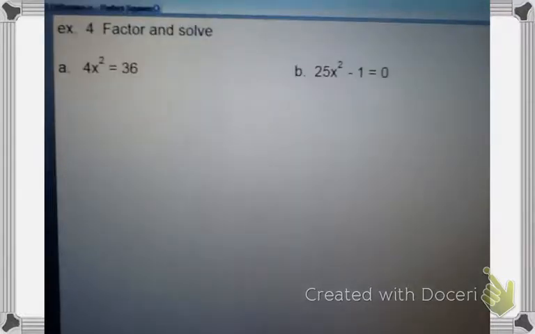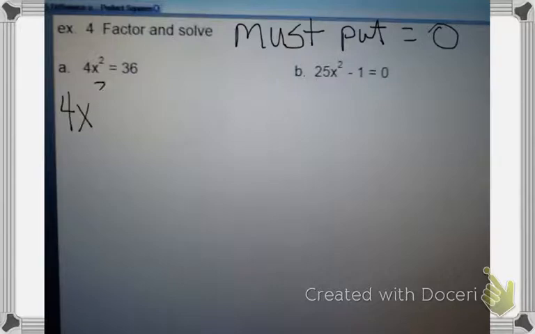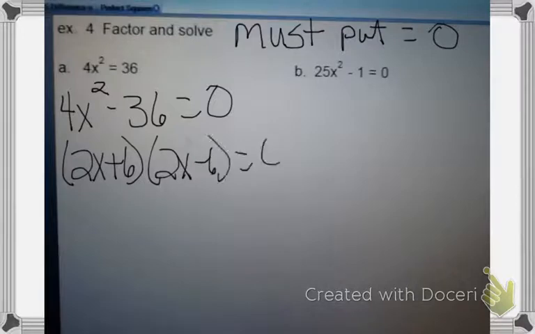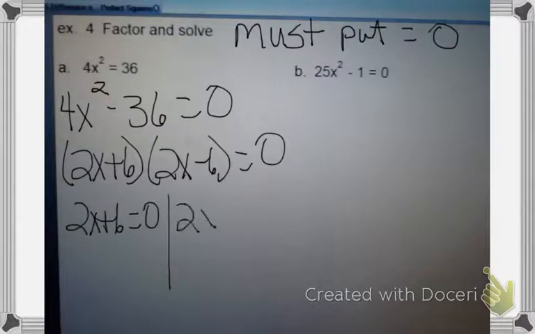To factor and solve, before you can factor, you must put it equal to 0. So I'm going to have to subtract the 36. Now that is a difference of two perfect squares that factors into 2x plus 6 times 2x minus 6. Take each binomial out of the parentheses and put them equal to 0.